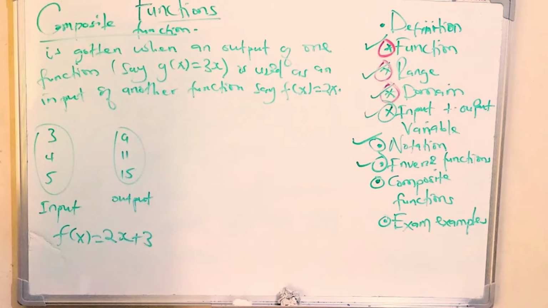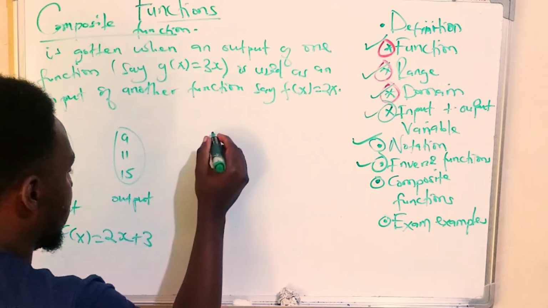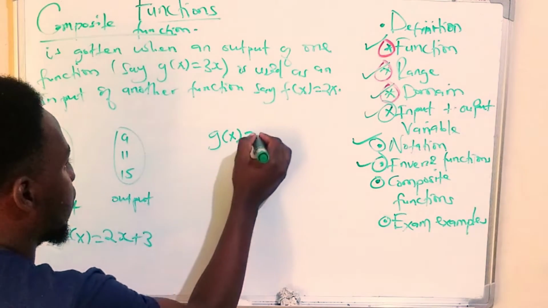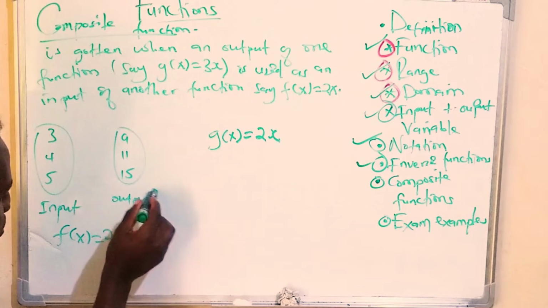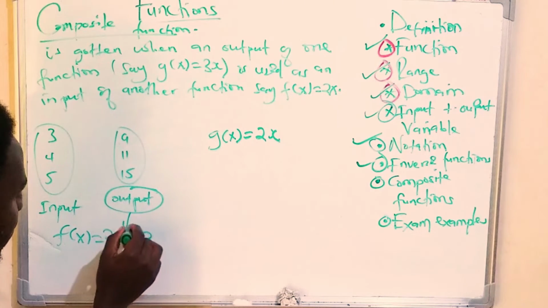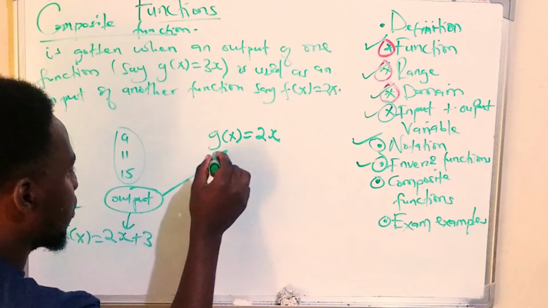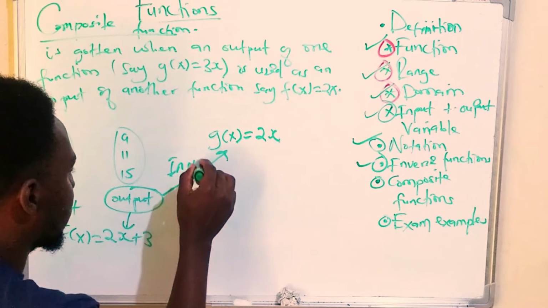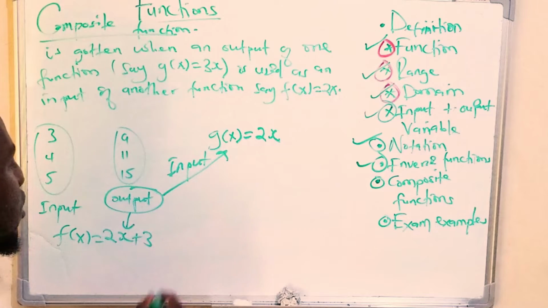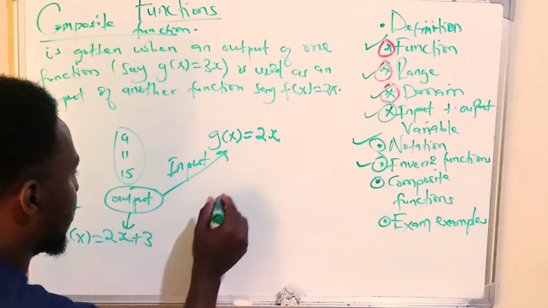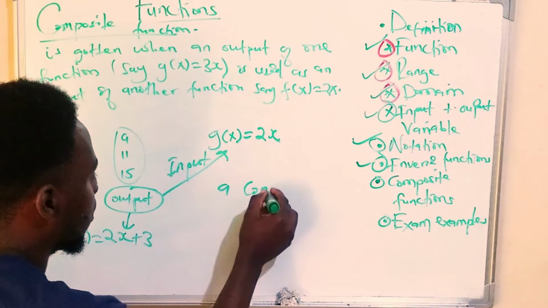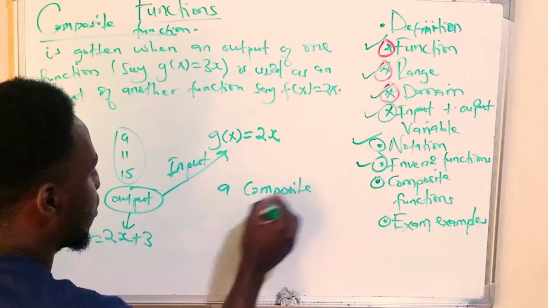Now suppose we get another function, say g of x is equal to 2x. When we use the output of this function as the input for that function, the function that is going to come out will be a composite function.